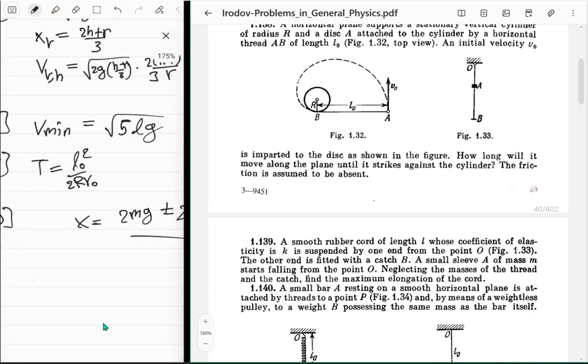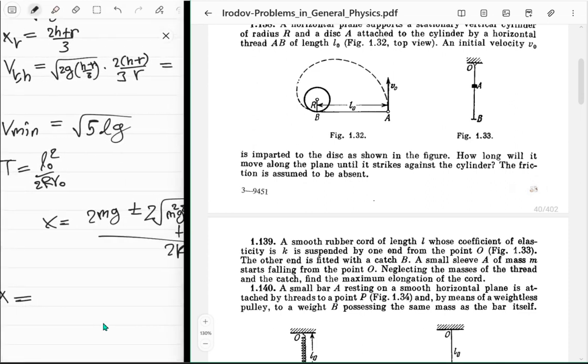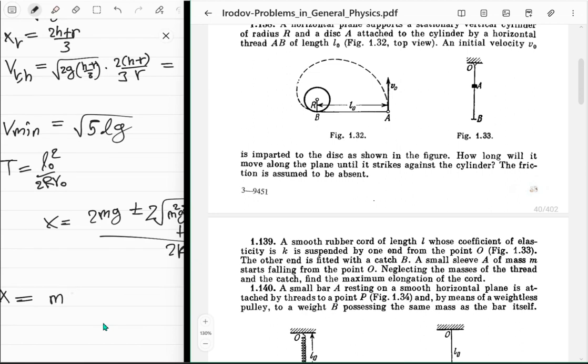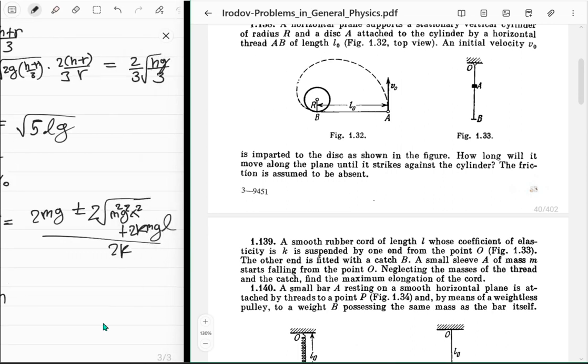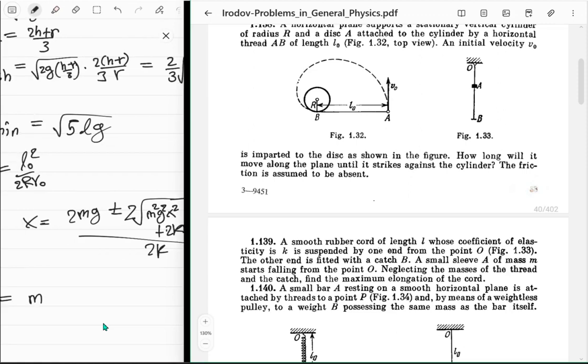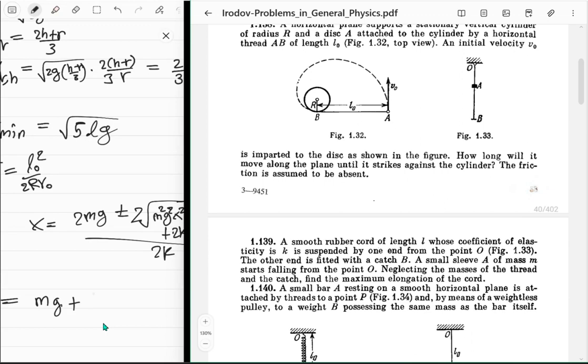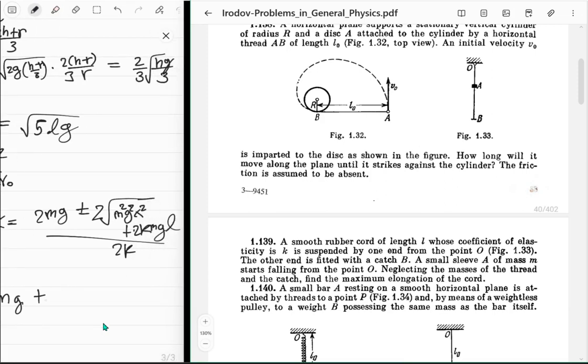So what will that be? mg plus or minus, yes, but it's going to be plus, not minus, right? Maximum elongation. Exactly.